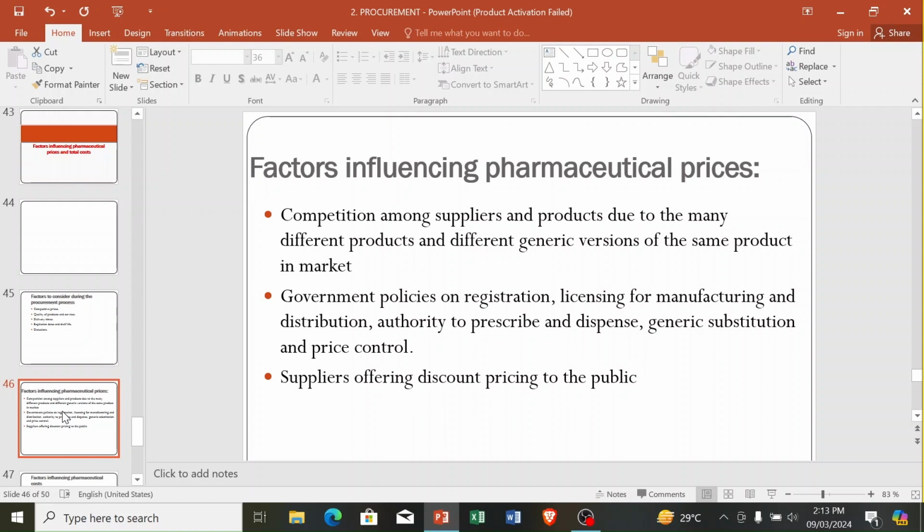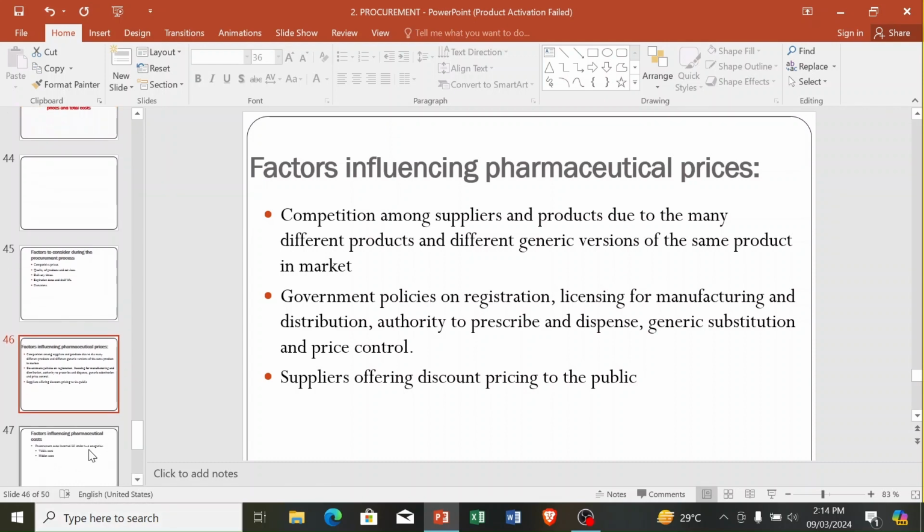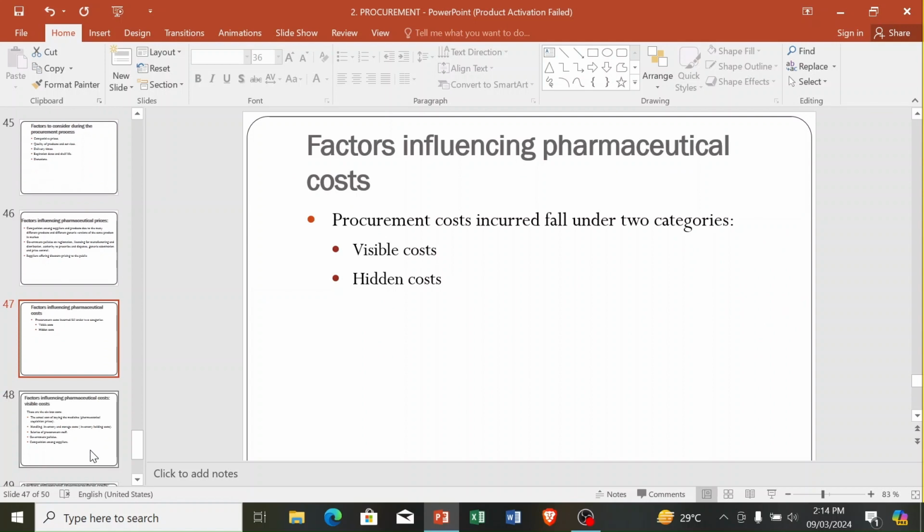Suppliers offering discount pricing to the public. So we find that some suppliers offer us discounts and others do not. We shall prefer to get from those that give us discounts, so that when we are selling our products, at least we are going to sell at a cheaper price, because after all we were also given a discount.